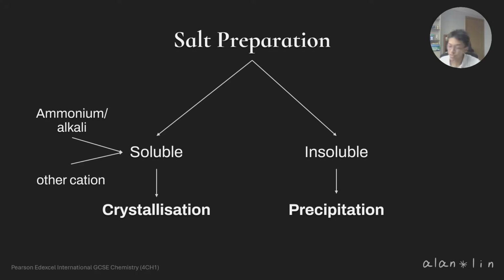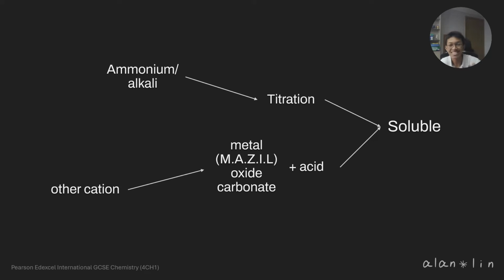As for the preparation of the salt compounds, it differs depending on the cation that is in your final soluble salt. If the cation is an ammonium or an alkali metal, we are going to be using the titration method. If it's any other type of cation, something like a magnesium or a copper ion in a final salt, we are going to be using the solid plus acid reaction.